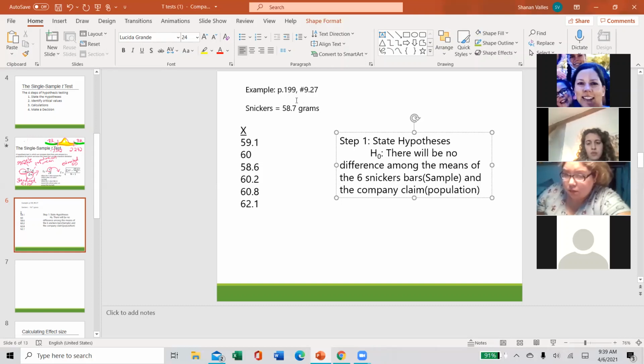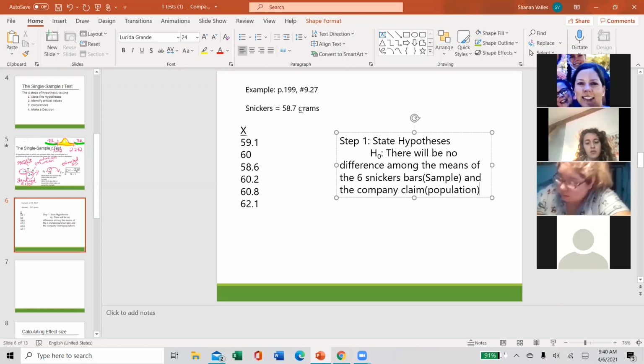So the company claim, this will be our population mean. They're saying on average, your Snickers bar should weigh 58.7, okay? When we add up all of these and we find our sample mean, that will be the 6 Snickers bars mean, okay? So we're gonna see if there's a difference between the mean of our sample and the mean of the company claim, okay?